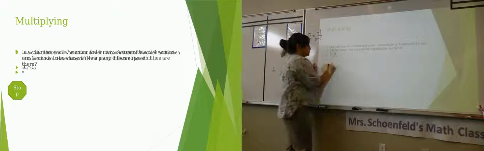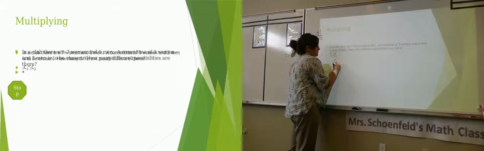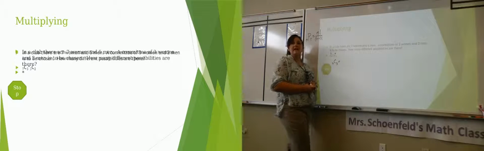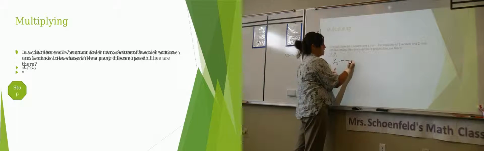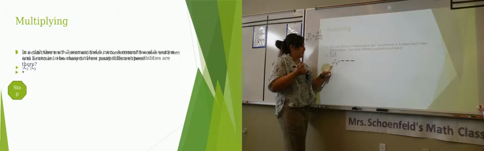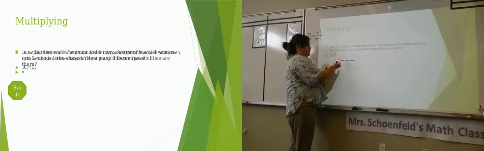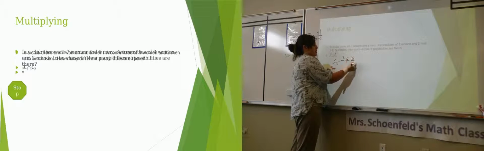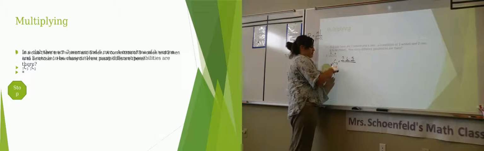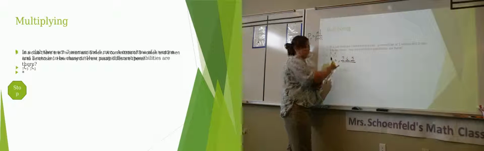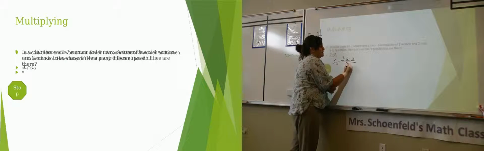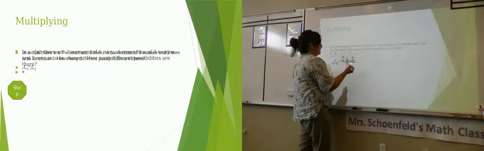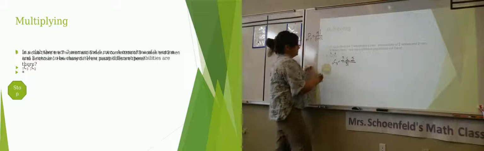So 7 choose 3, if I wanted to do it using that permutation piece of it: if I need 3 spots, how many choices did I have for my first spot? 7. Next spot, 6. Next one, 5. And how many things was I trying to find? 3. So I do 3 factorial on the bottom. Gross, don't do that. I don't know what that number is, so we'll figure it out.